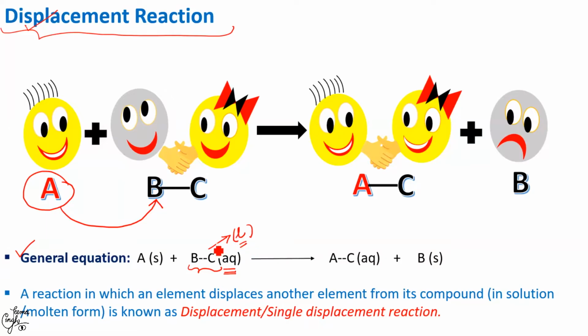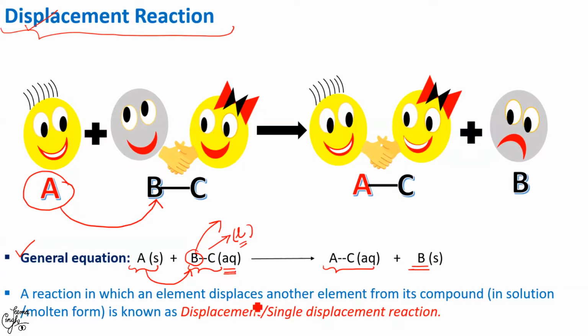Now, a displacement reaction is a reaction in which a more reactive metal, let us say A, displaces or replaces, or if I have to use a little rough language, kicks out a less reactive metal from its salt solution to take its place and form AC compound, and poor B is kicked out or left out.